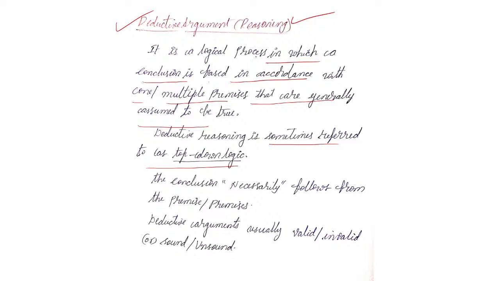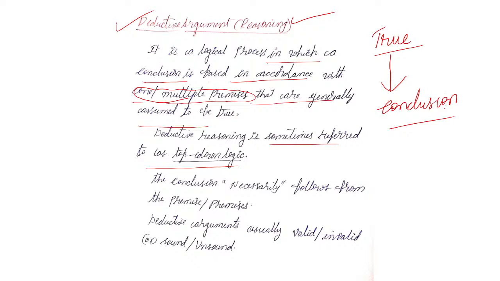What is deductive reasoning? Based on multiple premises that we assume as true, we draw some conclusions. We also call deductive reasoning top down logic. Suppose there is a formula for simple interest, simple interest is equal to PRT by 100.